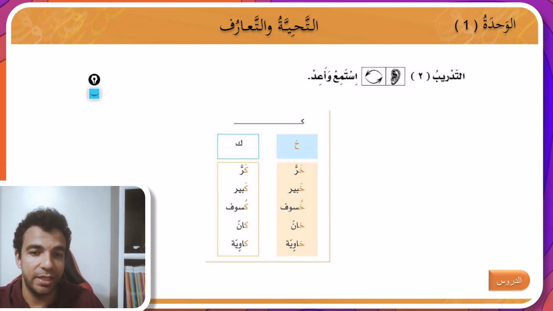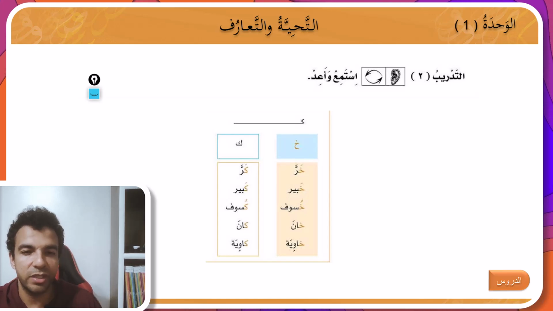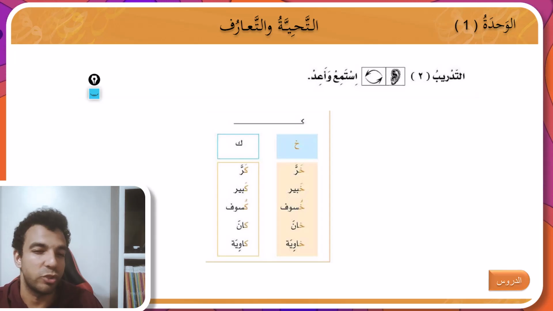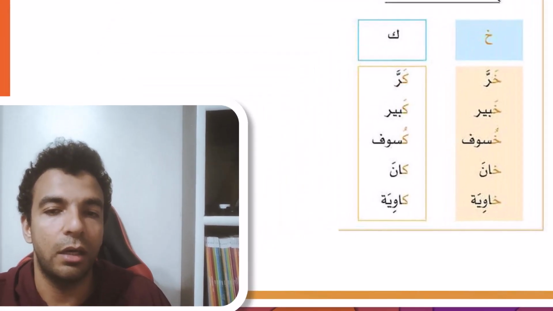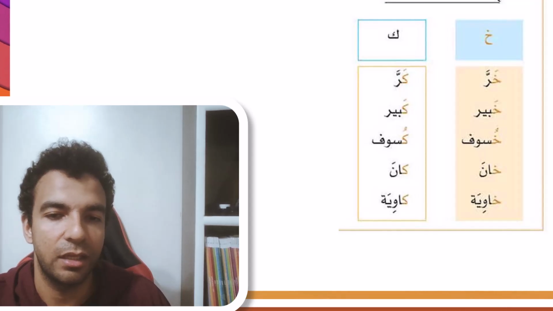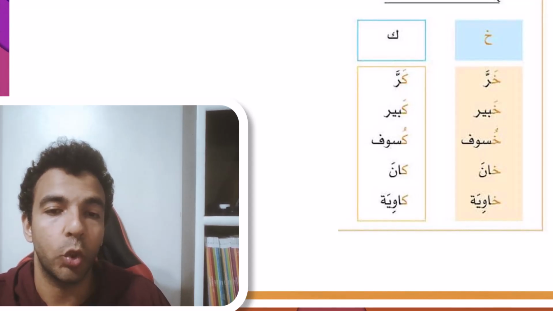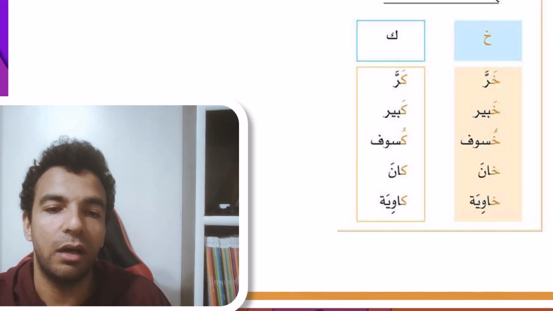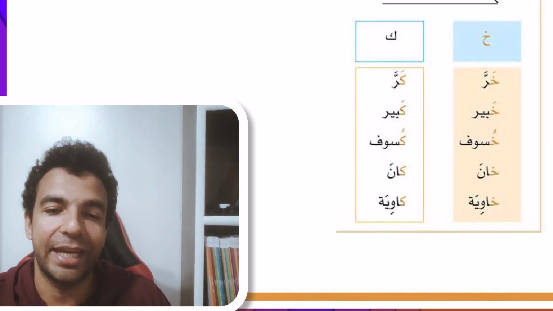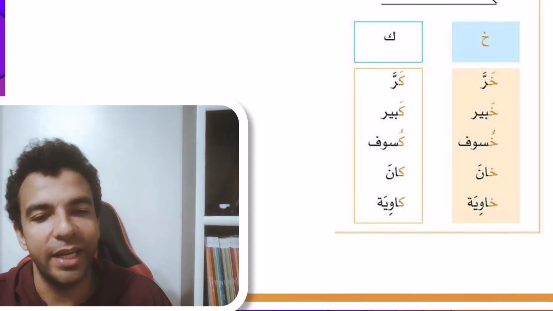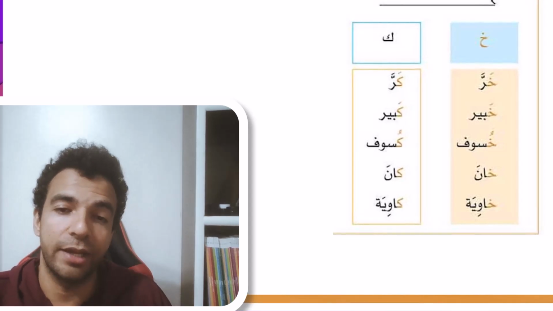And right after that, I will choose one of each word in each column for you to try to recognize which one I said. Now, listen carefully. خرة, كرة, خبير, كبير, خسوف, كسوف, خانة, كان, خاوية, كاوية.